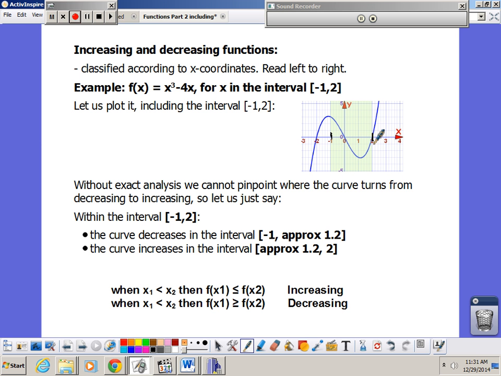We have it starting at the top and decreasing down to here, and then increasing up to here. Without exact analysis, we cannot pinpoint where the curve turns, so let's just say that the curve decreases over negative 1 to approximately 1.2, and then the curve starts increasing from approximately 1.2 to 2. And notice we have the brackets, meaning inclusively.